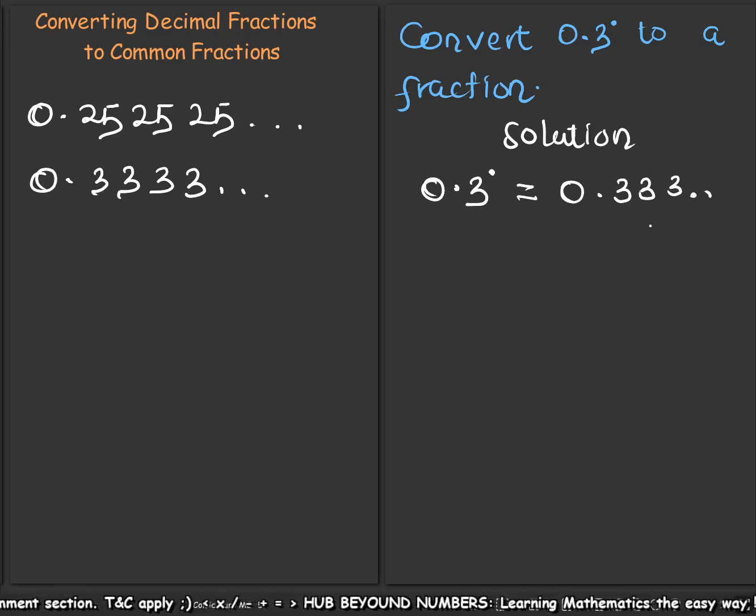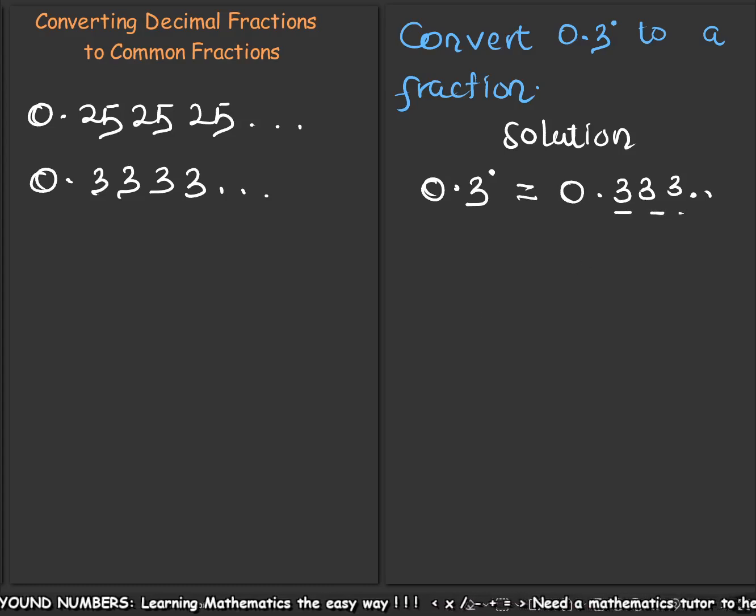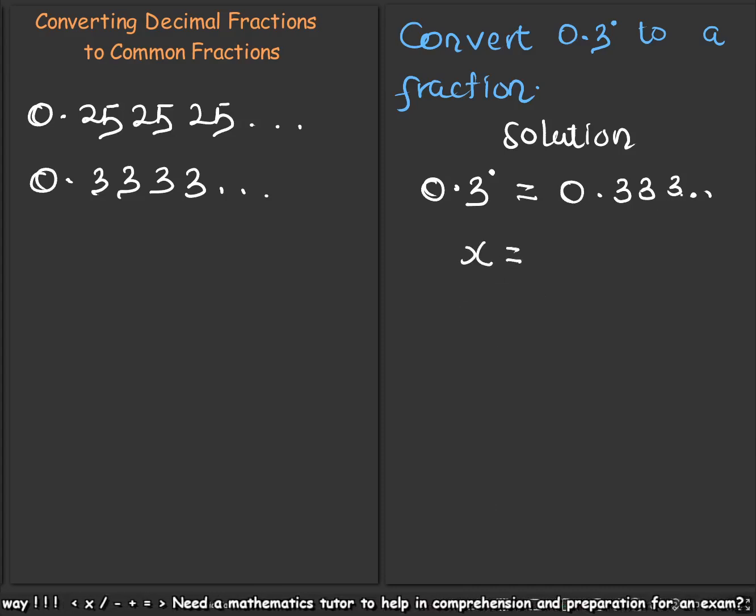What we want to do is look out for the number of digits that are repeating continuously. Luckily, this one is just one digit that keeps repeating. So we say let x be equal to this whole decimal over here.